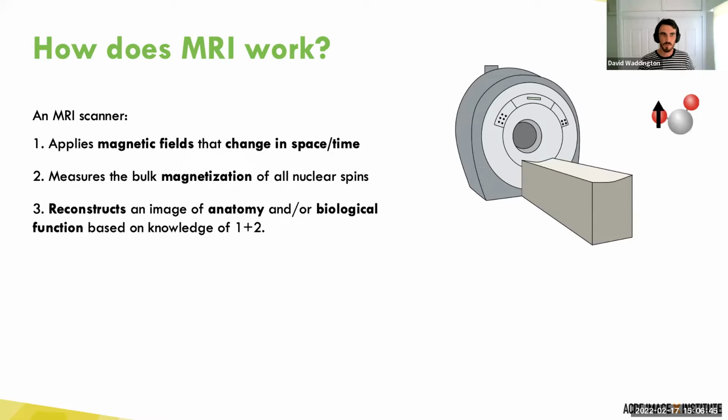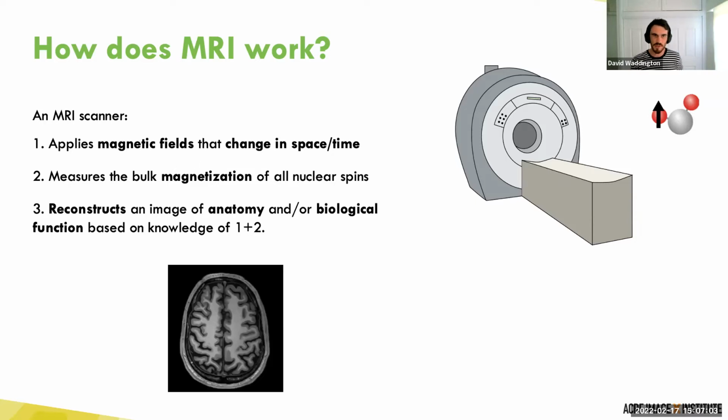Then we use our knowledge of the magnetic fields that we've applied to what we call reconstruct, which is a mathematical operation to create an image of the anatomy or the biological function based on the things we know about what we've done. And we get all this rich structure. So here's a typical brain MRI.